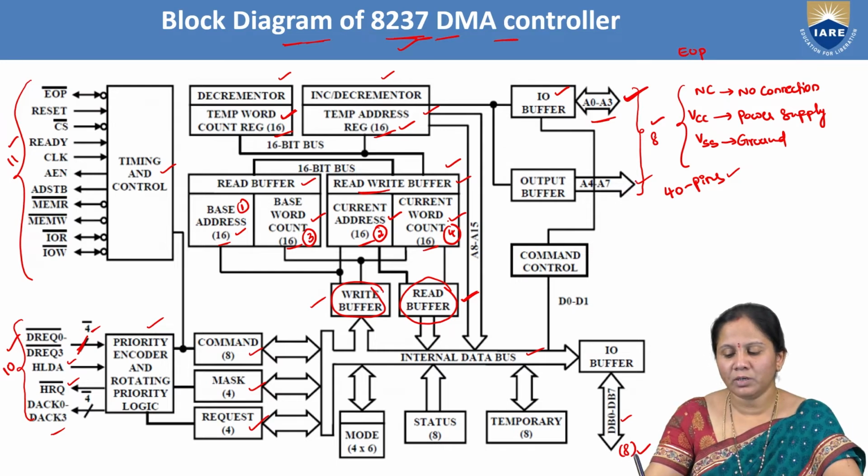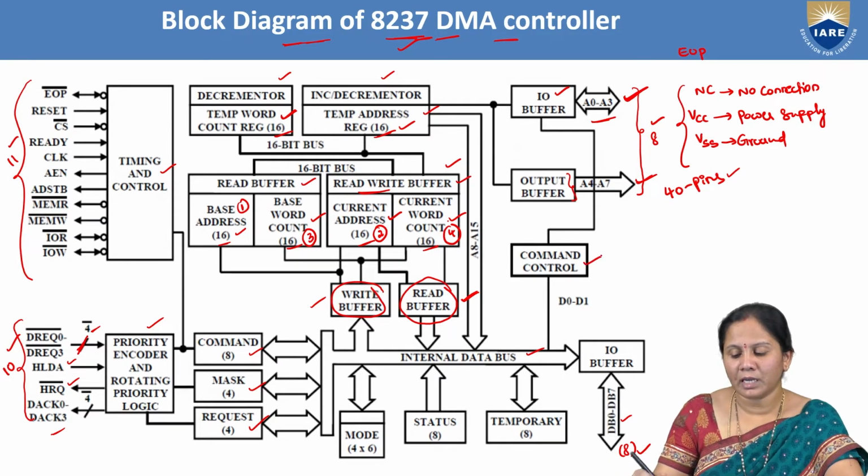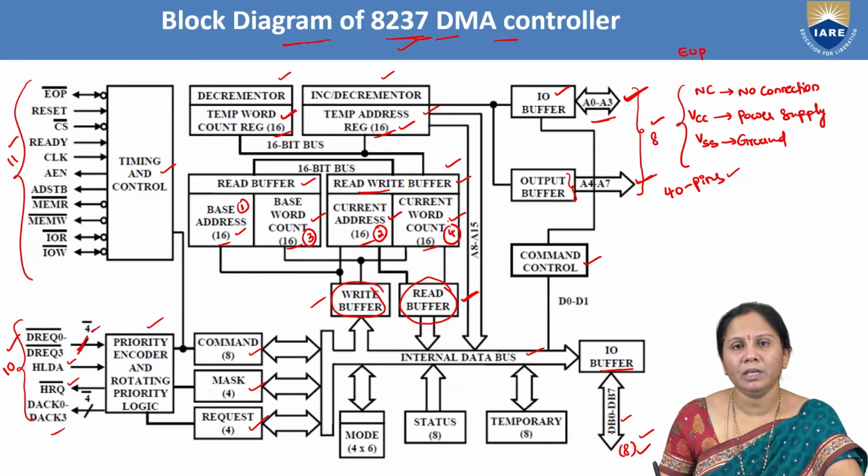And these are the higher order address lines, which will be connected to the output buffer. And here this is the command control, and here this is the IO buffer, which we can also call the data buffer. To this buffer only, the bidirectional 8-bit data lines are connected.